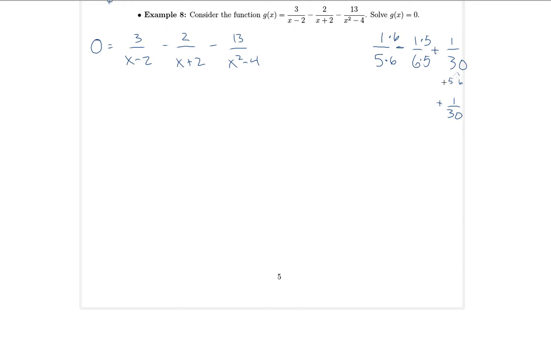So one of the things you need to do with your variable expressions is if anything in the bottom of a fraction can be factored, you need to do that. And I chose this one here because this is a particular look that you're going to see a lot. And so we should take the time to name it.